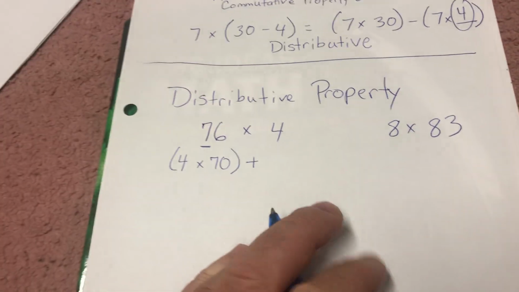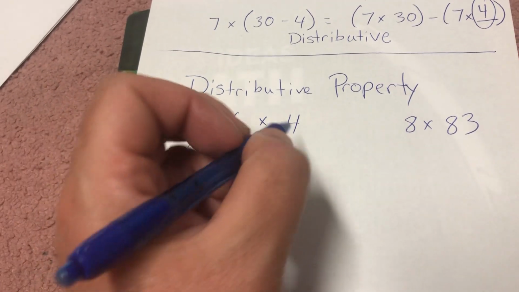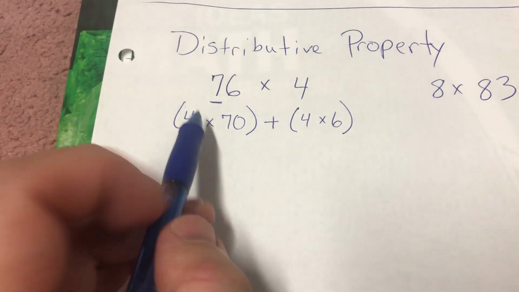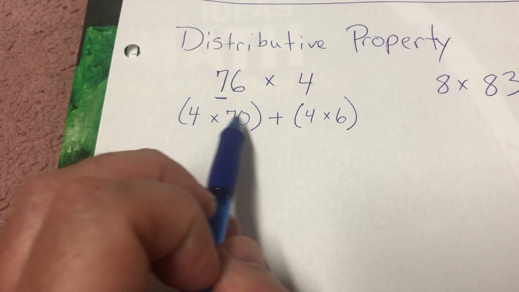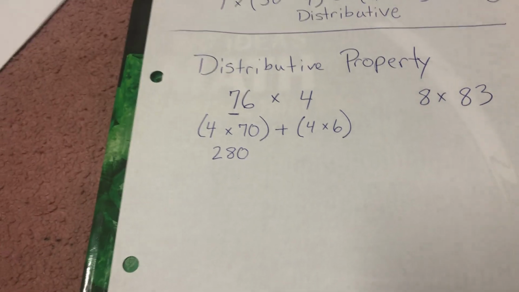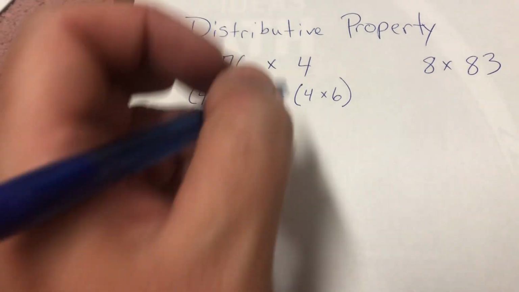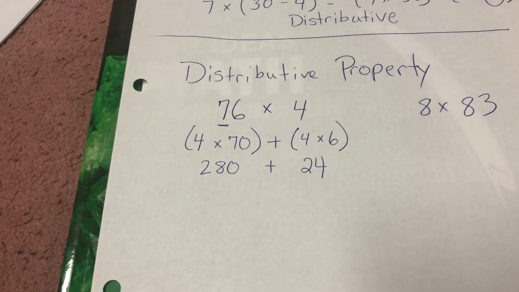And I'm going to add to that 4 times 6, because my 6 is in the ones place. Then I can use the zeros trick for 4 times 70. Well, 4 times 7 is 28. Add the 0. I get 280. Then I'm going to add to that 4 times 6. 4 times 6 is 24.